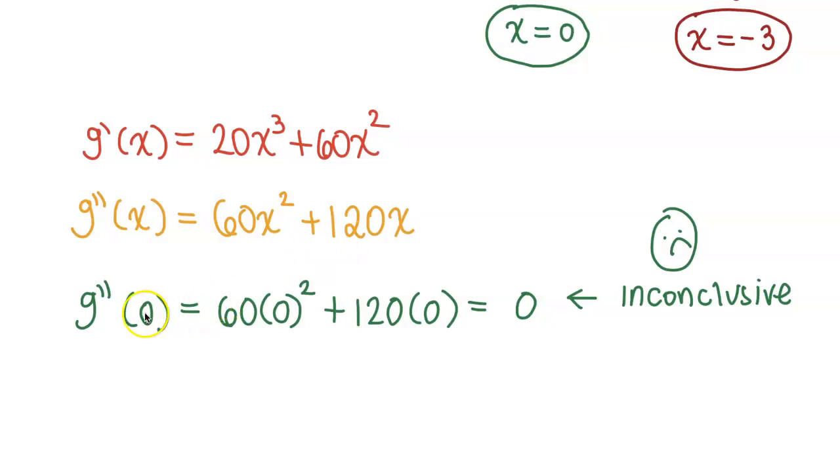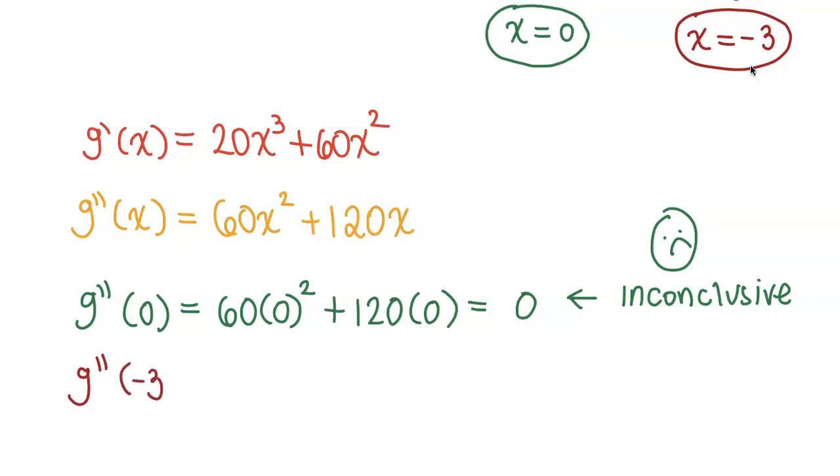Because second derivative has to come out to be positive or negative for us to say if it's a relative minimum or maximum. If it comes out to be 0, we have to go back to the first derivative test to confirm if this can be a relative maximum or minimum, okay? But hey, let me take care of the other one first. I'll do the other one and then I'll come back and do the first derivative test.